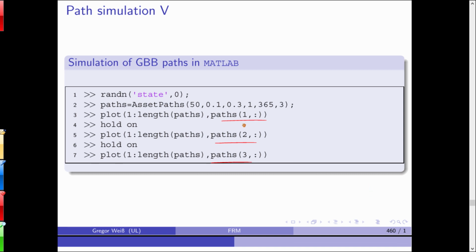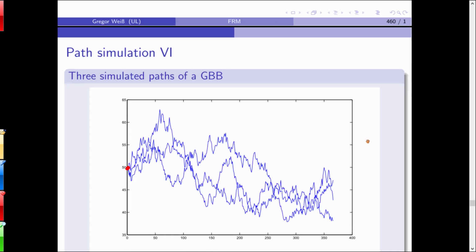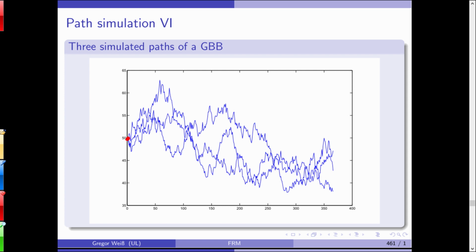We'll simulate 3 paths from the geometric Brownian motion, and it will look like this. And here, again, you can see why someone had the brilliant idea to use the geometric Brownian motion, because it does resemble the time evolution of a stock price. It's completely random, of course.